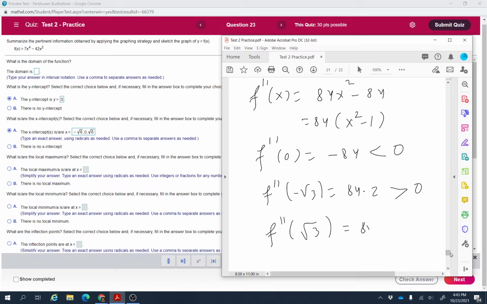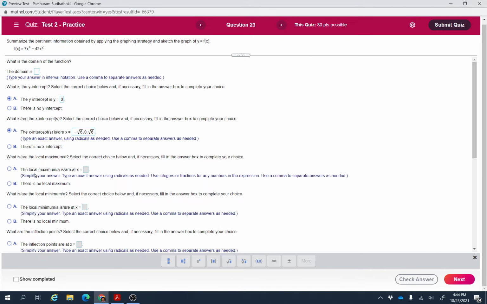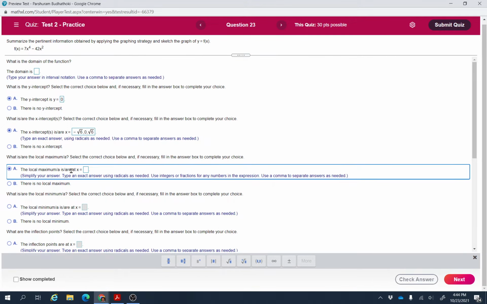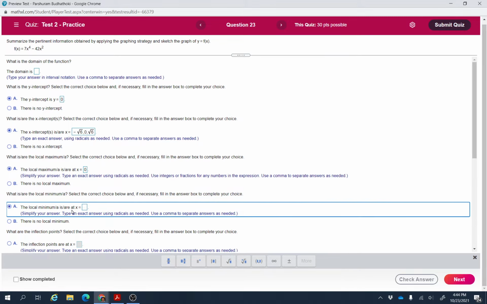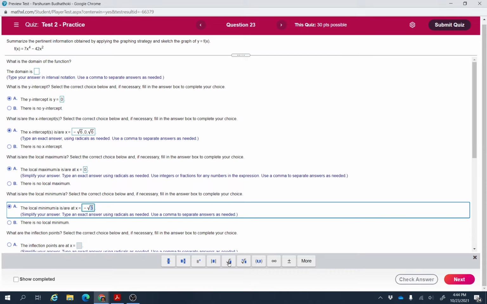It's 84 times the square of square root of 3, which is 3 minus 1, which is 2, again positive. So at 0 it's a local maximum, and at these two points it's a local minimum. So the local maximum is at 0, and the local minimum is at negative square root of 3 and positive square root of 3.